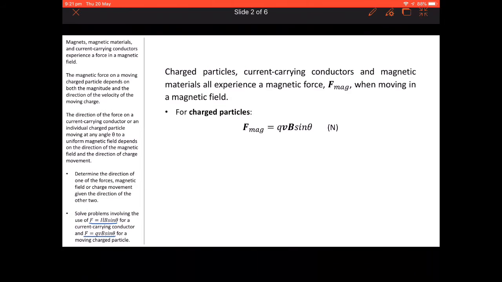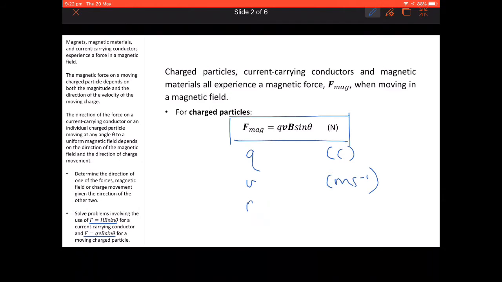For charged particles, the magnetic force is equal to the charge, Q, in coulombs, times the velocity, in meters per second, of the charge, multiplied by the magnetic field strength, in Tesla, and then by the sine of the angle, measured in degrees, of the charged particle's velocity to the direction of the magnetic field, so the angle between those.